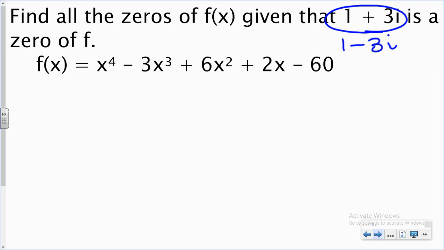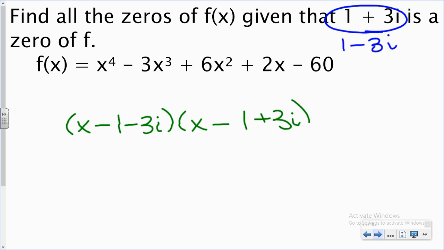The only thing I'm going to change about Nick's idea is we can't just multiply the numbers together. We're going to have to multiply the factors together. So if 1 plus 3i and 1 minus 3i are zeros, then we know that x minus (1 plus 3i) and x minus (1 minus 3i) are factors that should divide evenly into the polynomial.